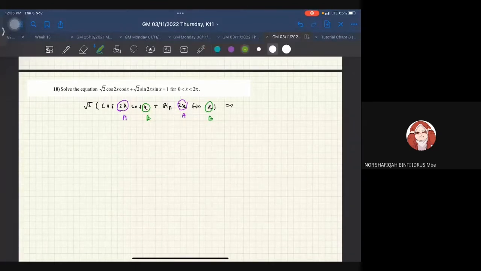Anyone nak cuba? Okay, tak apa. Saya sambung sendiri. Alright, so dekat sini adalah cos. Dekat sini cos. And then another one, this is sine. This is sine.